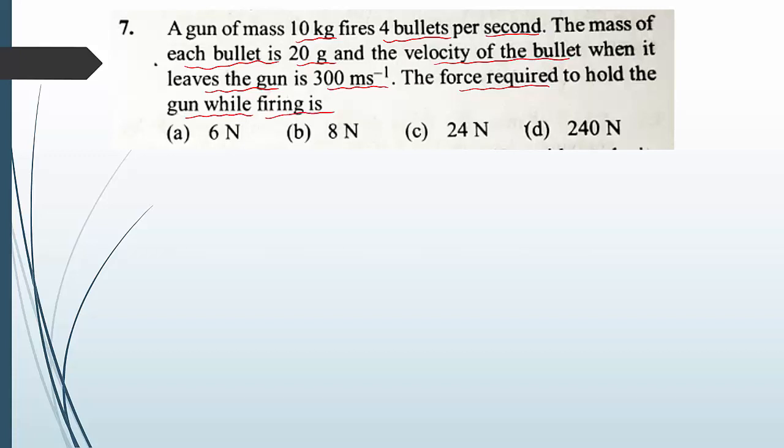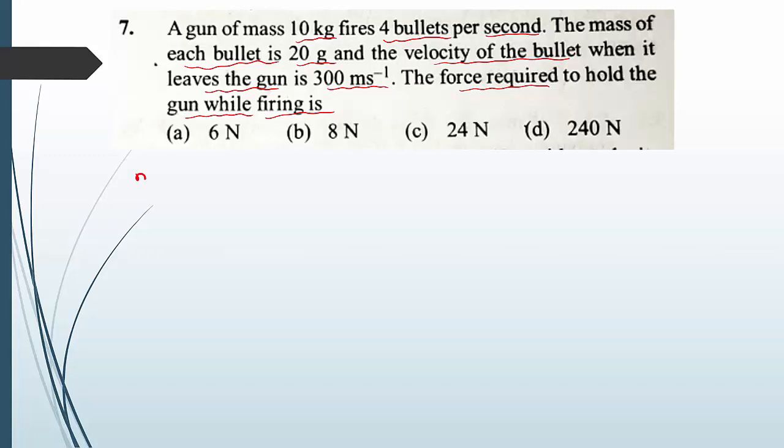Yes. So mass of the gun is given. Mass of bullets are given. Number of bullets fired is also given. Velocity is given. So in this formula we go for law of conservation of linear momentum.